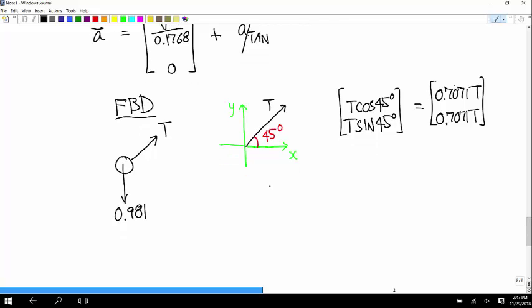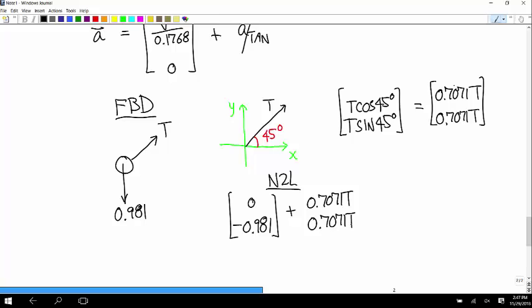And now we can go to Newton's second law. We have the downward force of 0.981, so 0, negative 0.981, plus the cable force, 0.7071 T, 0.7071 T, and that's equal to the mass times the acceleration that we know.